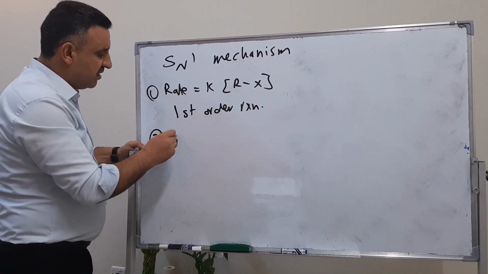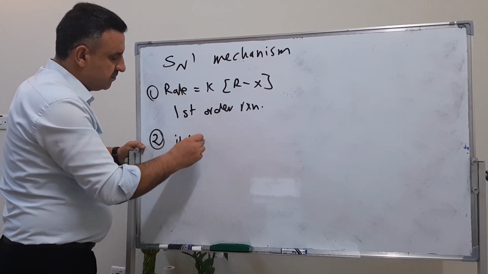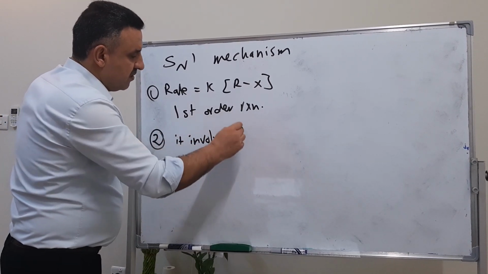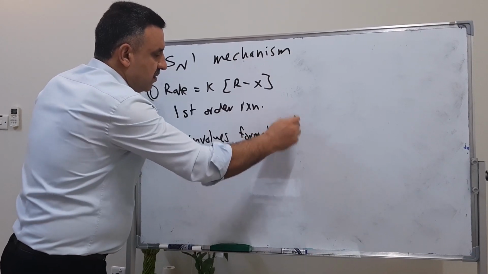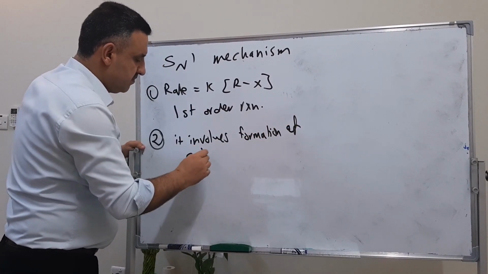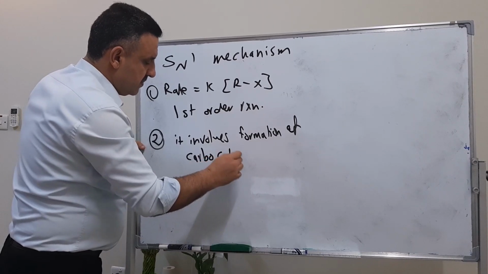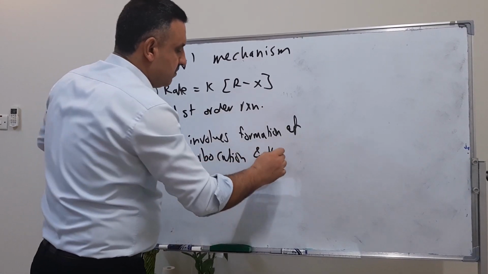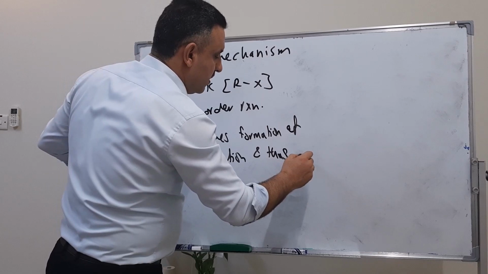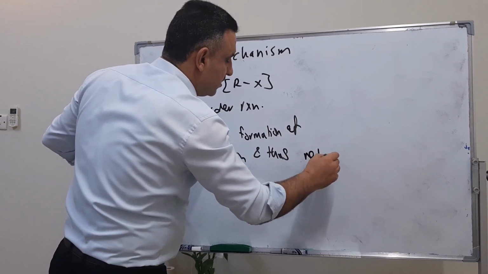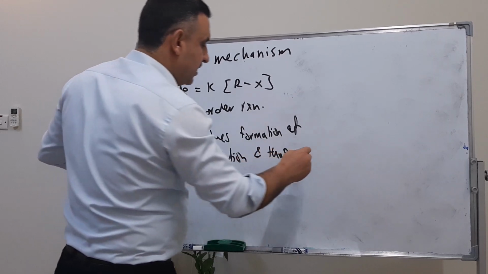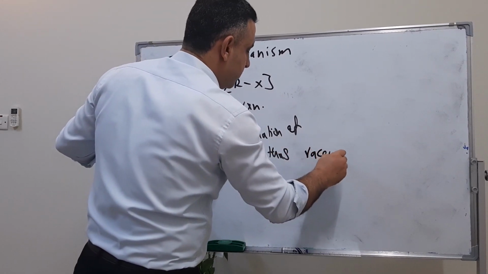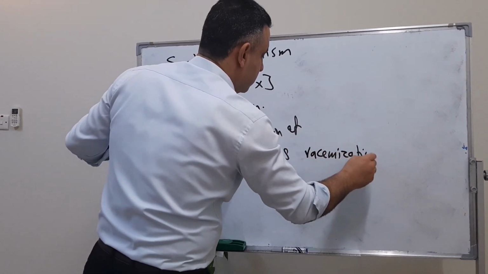This is the first aspect of the SN1 reaction mechanism. Second aspect, it involves formation of carbocation, and thus racemization.